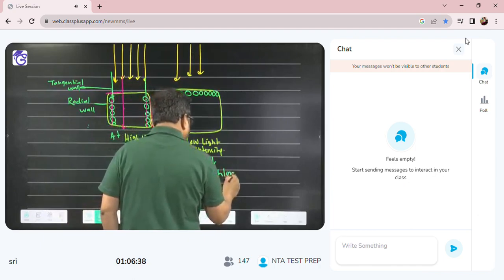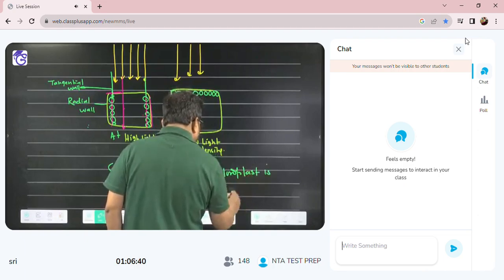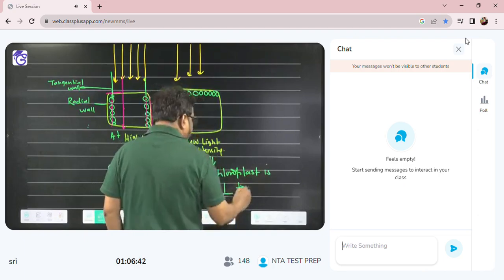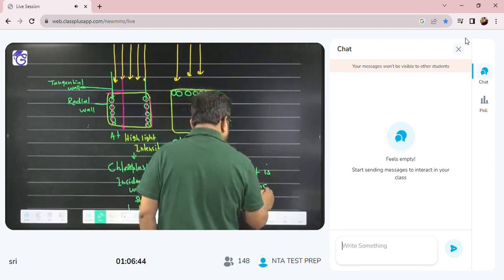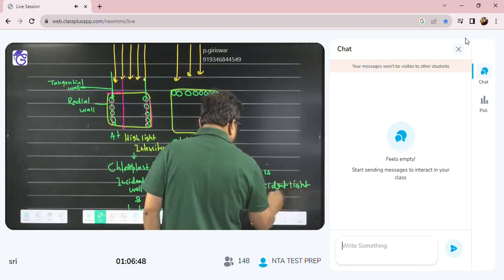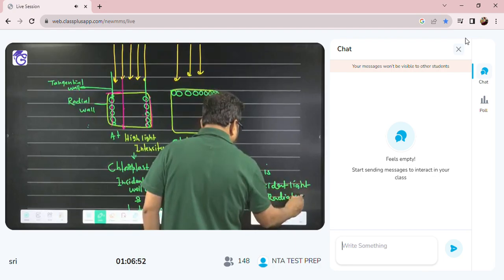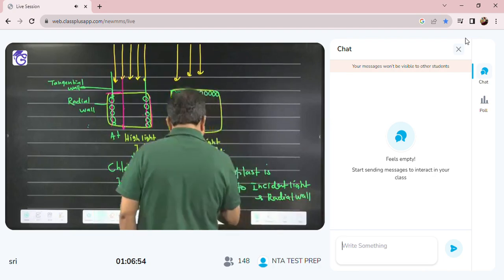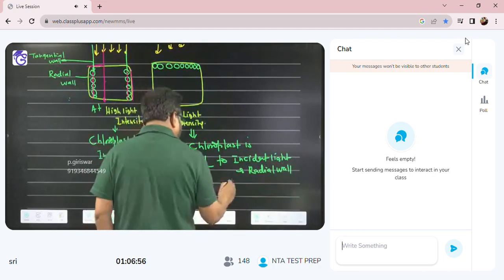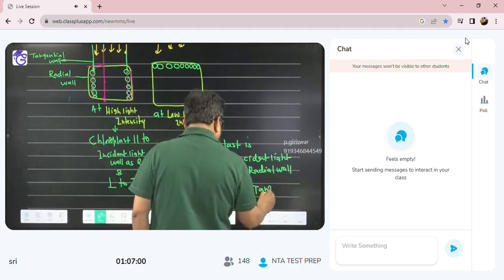Chloroplast is perpendicular to incident light and the radial wall, and parallel to the tangential wall.